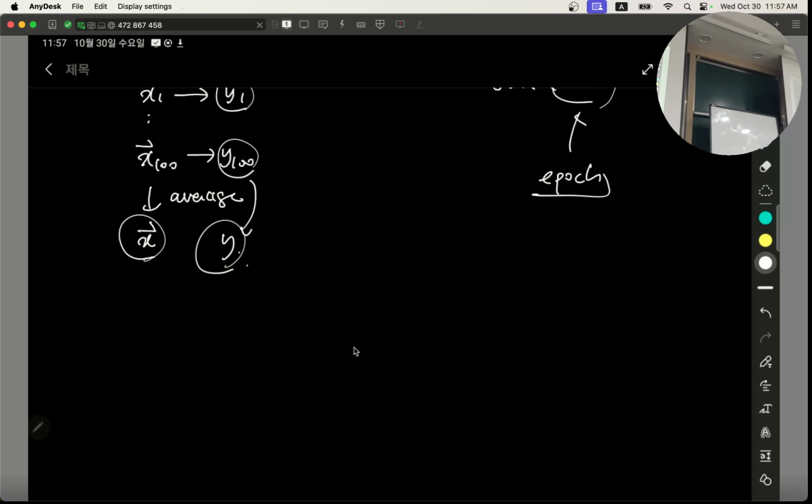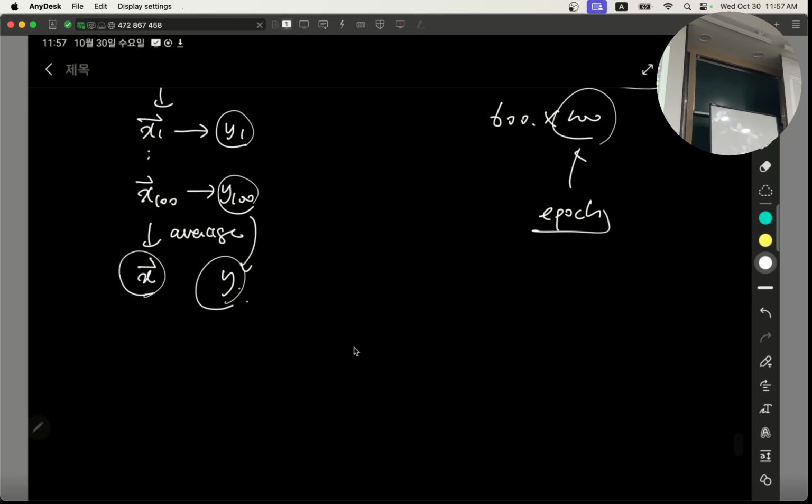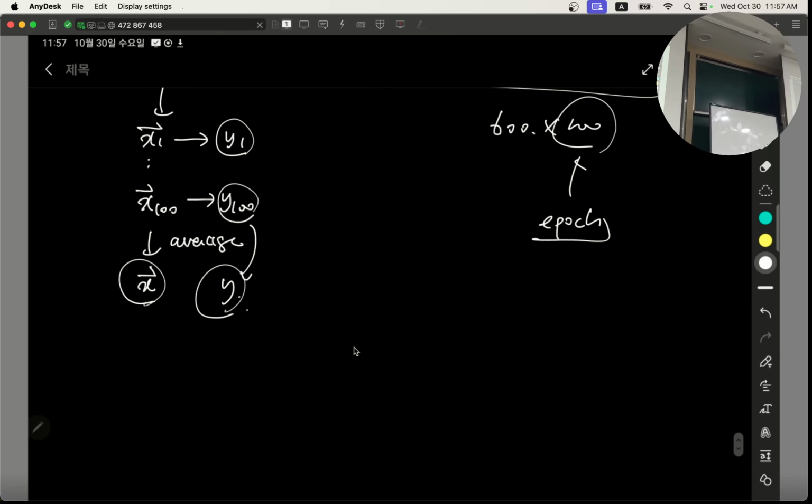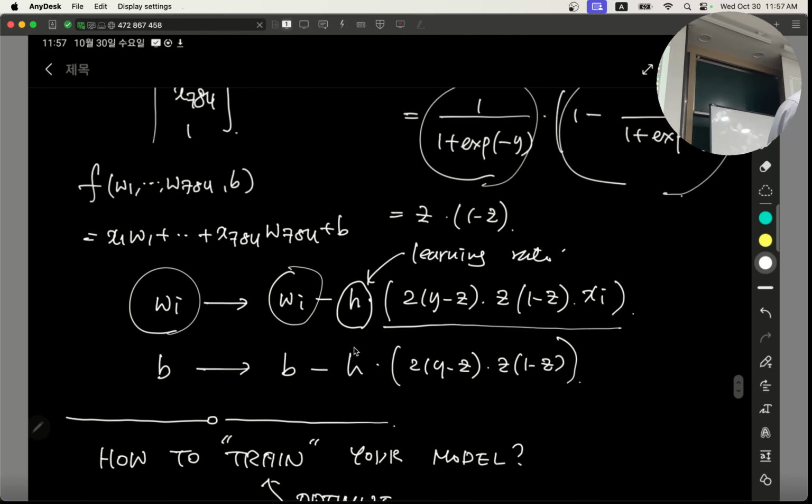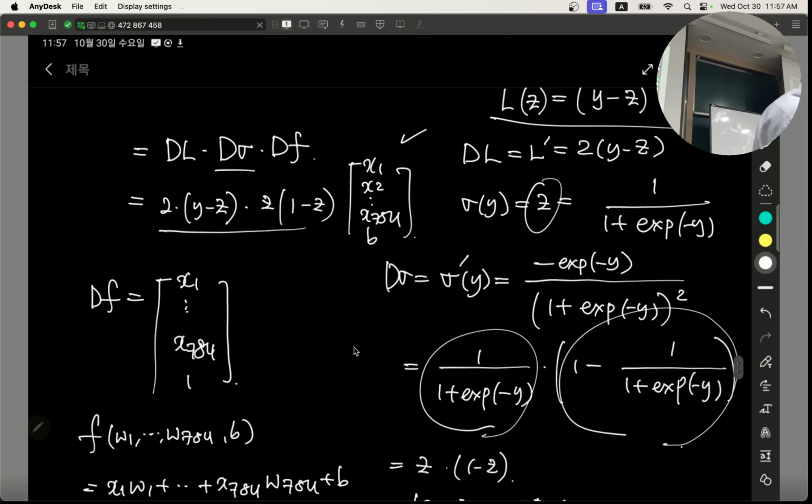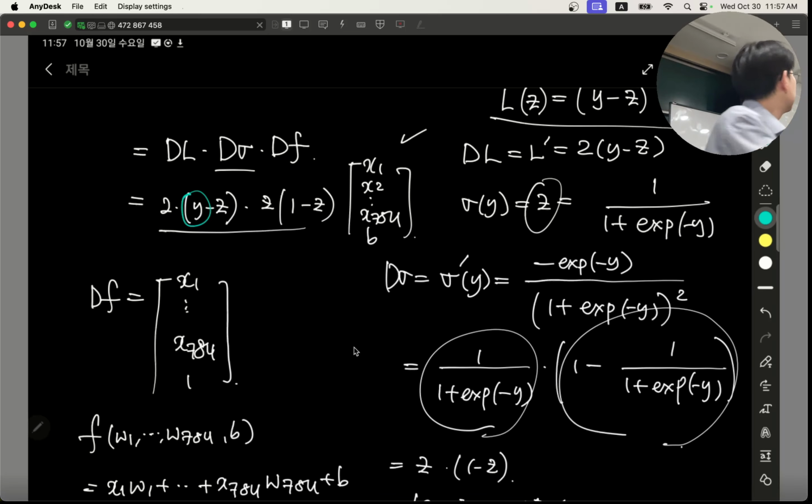Yes. Y is always the same in the loss function. It is always a constant. This Y is constant. Not necessarily. Which one? This one?